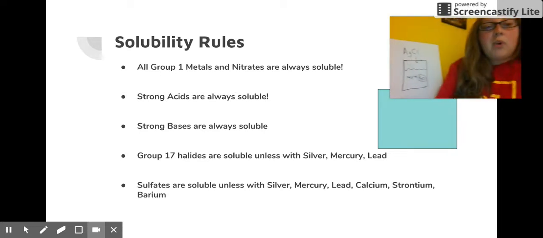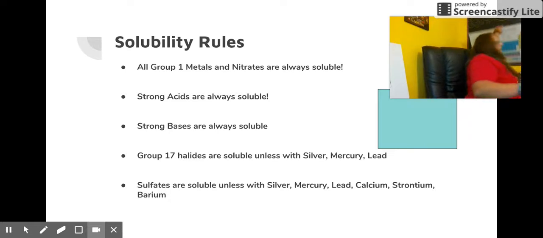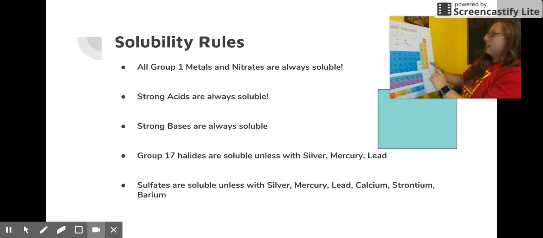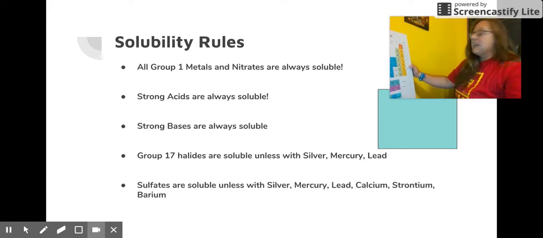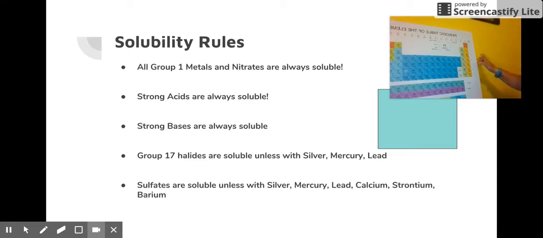Now, group 1 metals, let's figure out where those are. If I get the periodic table here, group 1 metals are located in this very first column. This periodic table looks to you like a mirror image, just because I'm presenting from the webcam.